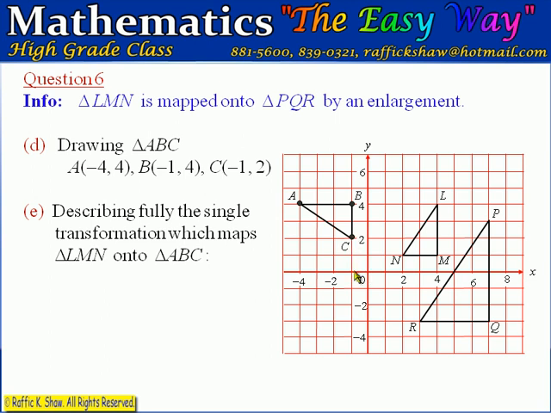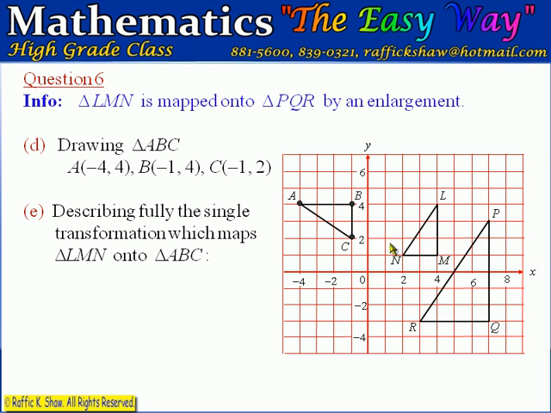So it is 1, 2, and 2, 1, and hence the distance from O to N would be the same as the distance from O to C. And then if we compare O to M, that's 4, 1, and O to B, that's 1, 4 here. And so the distance O to B would be the same as the distance from O to M.